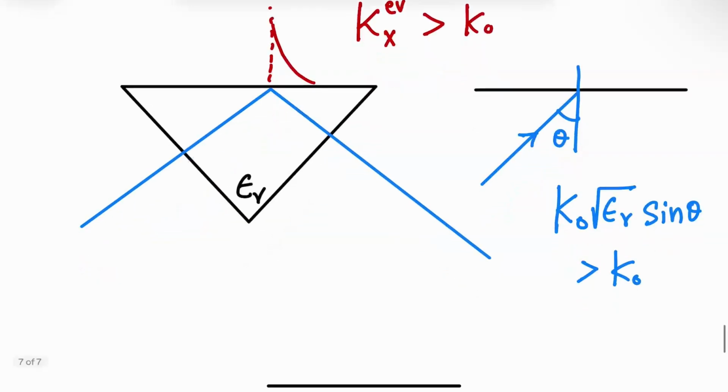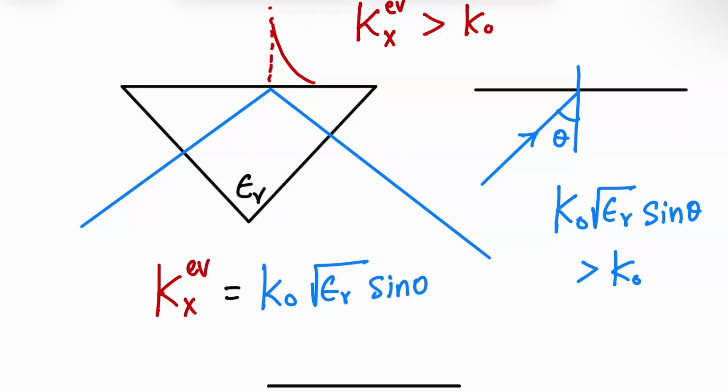Which means that you can potentially have k x evanescent equal to k naught square root of epsilon r sine theta. Okay, and then your phase matching condition is satisfied, so you can have this evanescent wave excited.